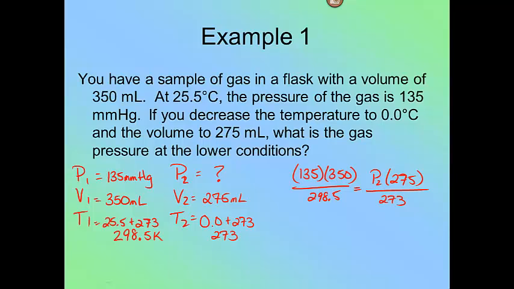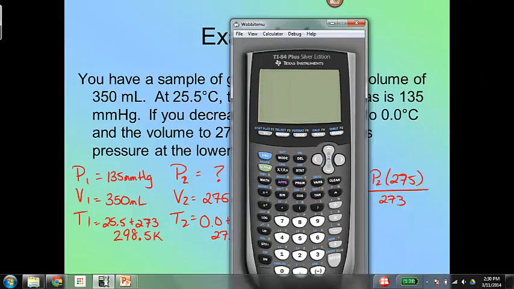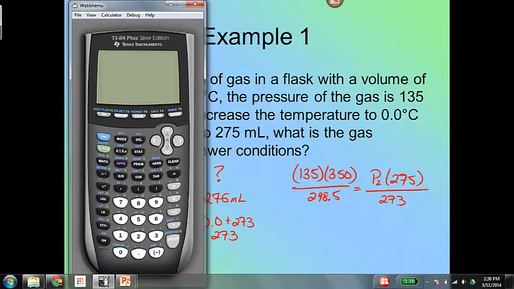Okay, and I go to my handy dandy calculator, and I'm going to turn it on, of course. And I'm just going to plug it in. Now, I'm going to cross multiply.